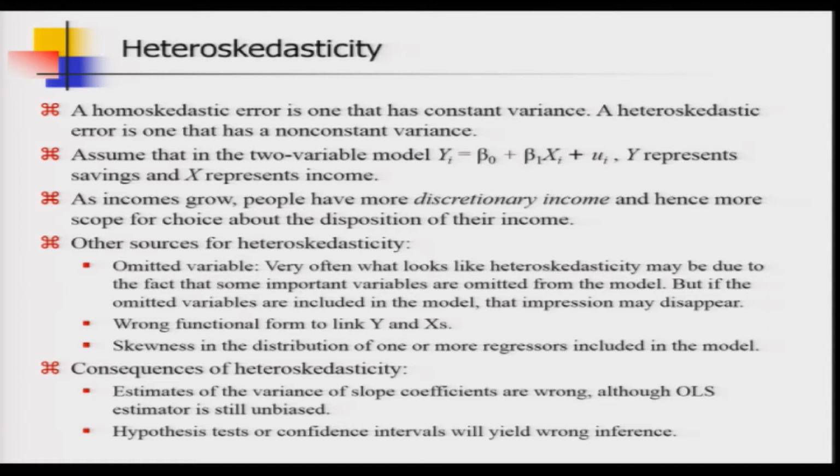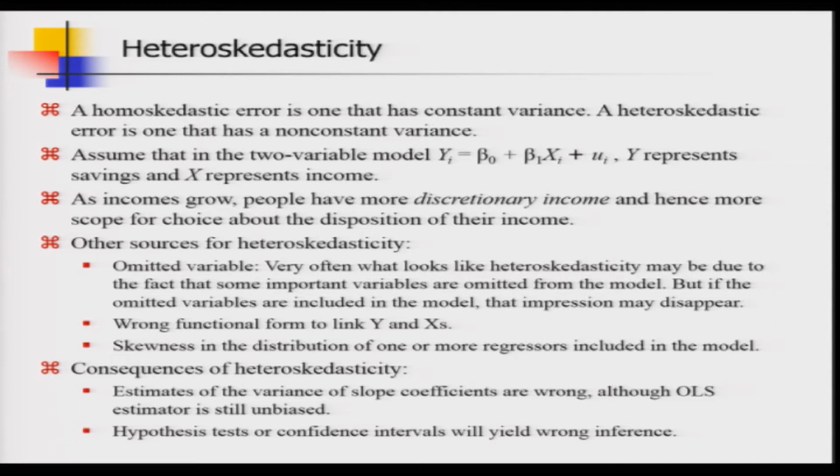So, one is our omitted variable case. Quite often we get the heteroscedasticity problem because some important variables are omitted from the model, and if these omitted variables are included back in the model, then this fear of heteroscedasticity will go.